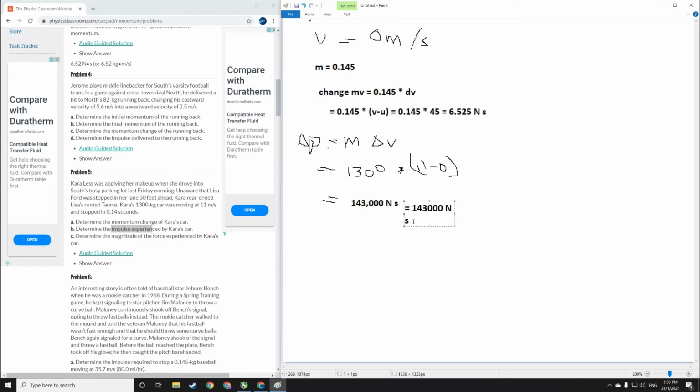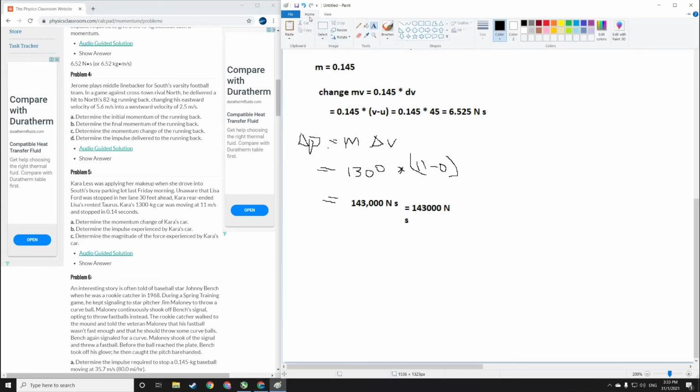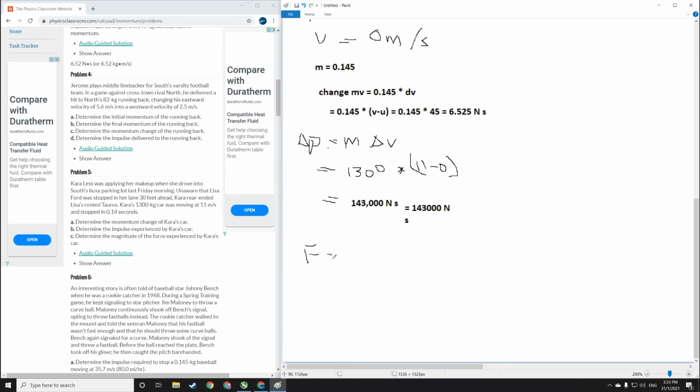And now let's determine the magnitude of the force, okay? And we already defined the force being the change in momentum over time, right? And so F equals the change in momentum, which is 143,000 divided by 0.14.